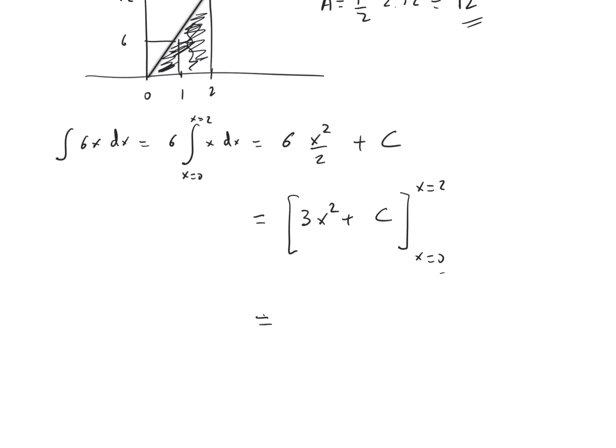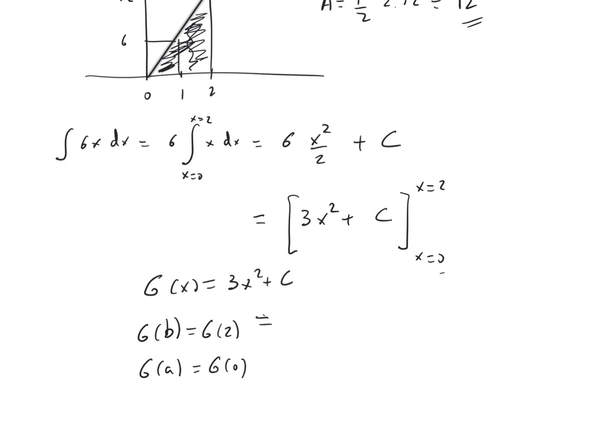So how do we evaluate? This is the antiderivative g of b, g of 2. We found that g of x is 3x squared plus c. And we need to evaluate g of b, or g of 2, minus g of a, g of 0.